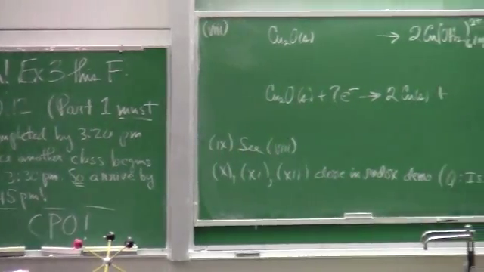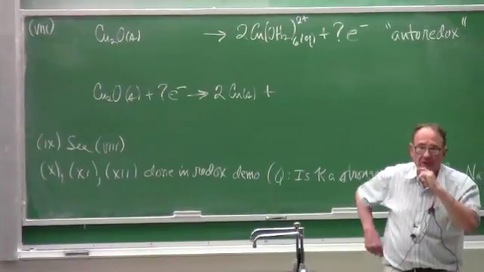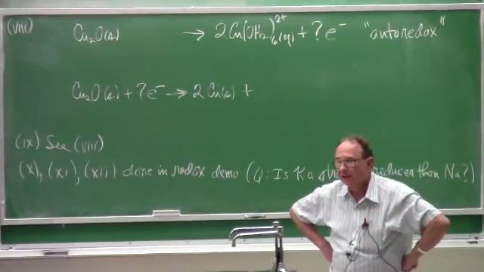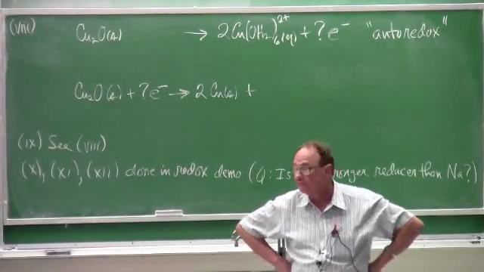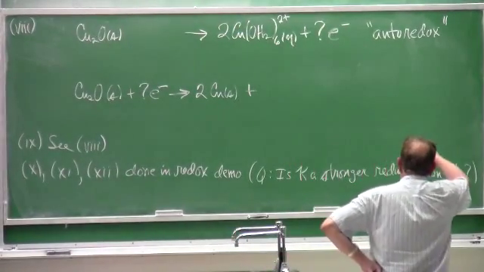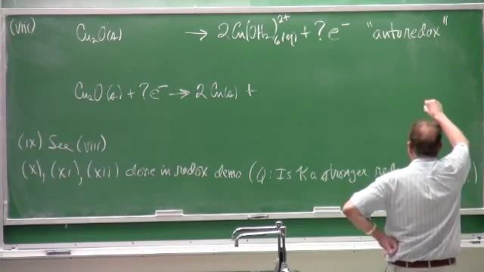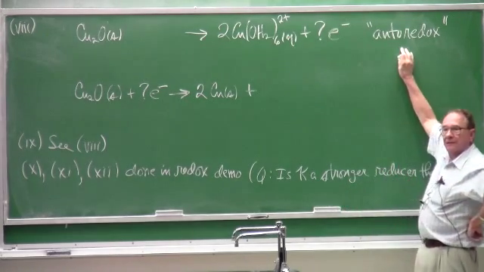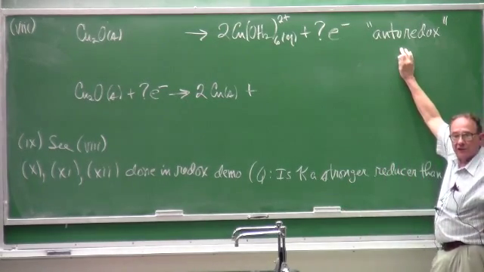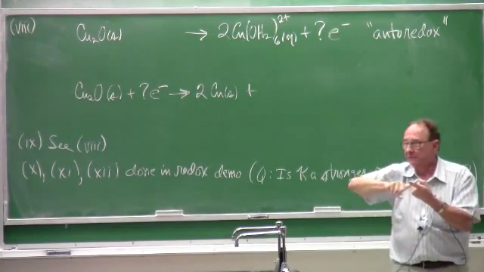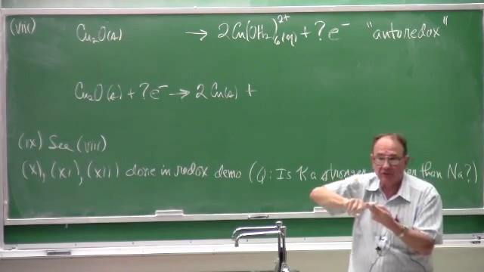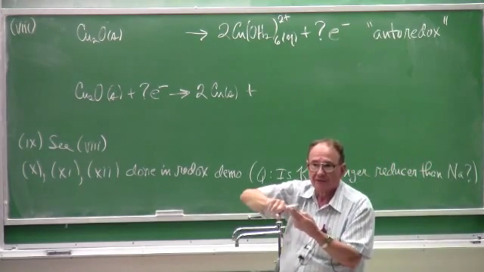System 8 also corresponds to a process that electrochemists commonly call auto redox. I wrote it on the board. Auto redox. All this term means is that for the redox reaction in question, the stuff which is getting oxidized is also the stuff that's getting reduced. Same stuff.